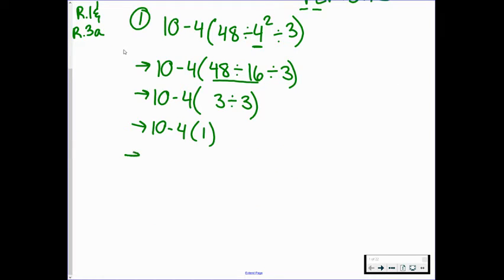Now that we've taken care of the parentheses and the exponents, the next step is multiplication or division, which we have multiplication. 4 times 1 is 4. And then simply subtract. 10 minus 4 is 6. So that first expression simplifies down to just 6.